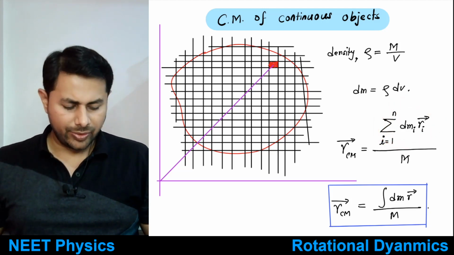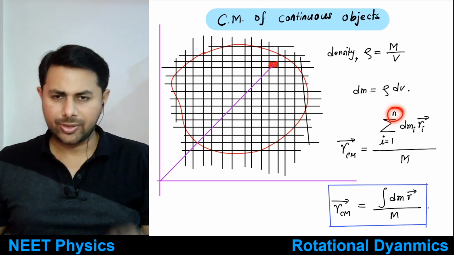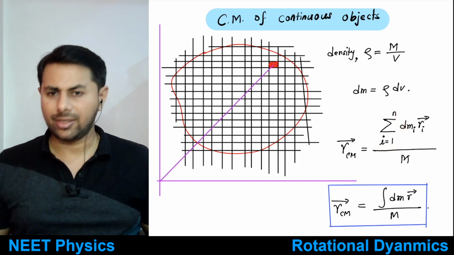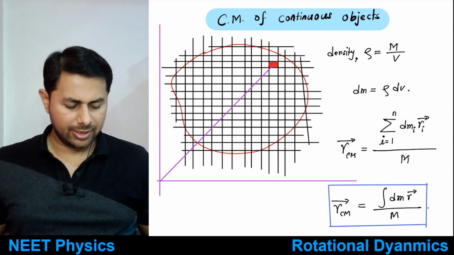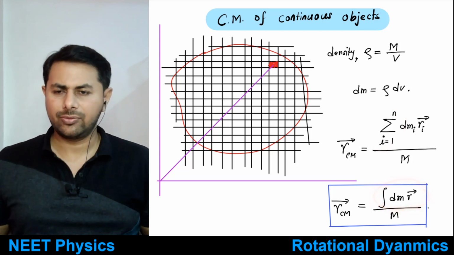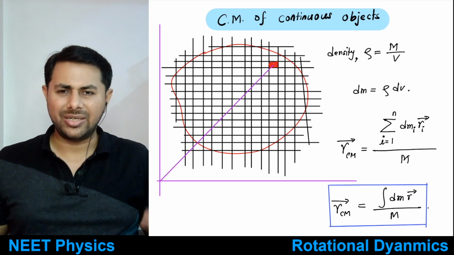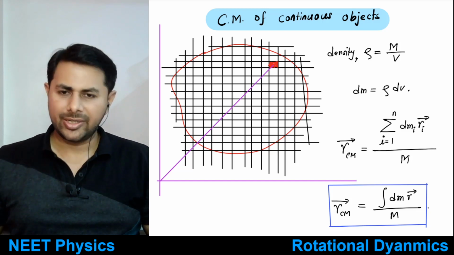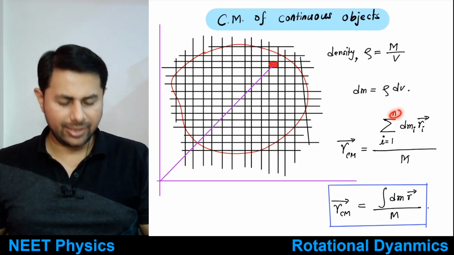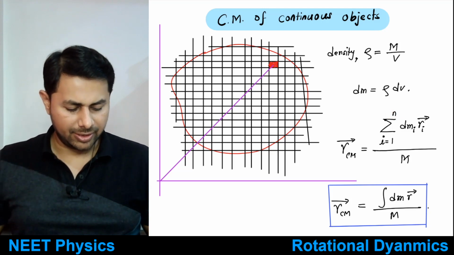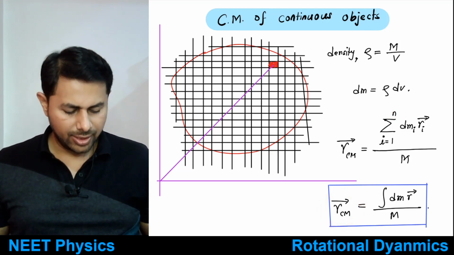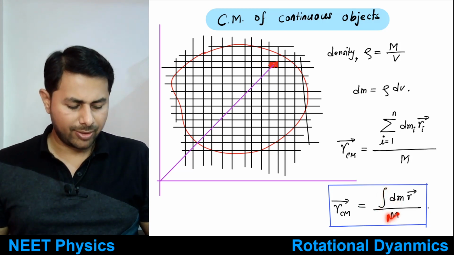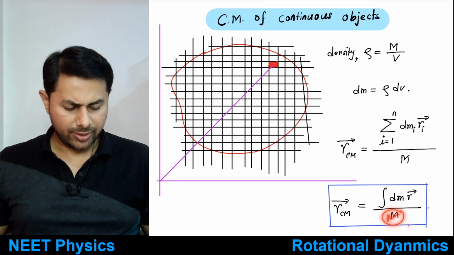Now we know that if the number of such pieces goes to infinity, then what happens to the summation? It becomes an integral. We saw this in mathematical methods and in quite a few problems after that, right? Summation becomes integration if it is a continuous addition, and n tends to infinity. Therefore the position vector of such a body can be written as the integration of dm times r bar upon m, where m is the total mass of the body.